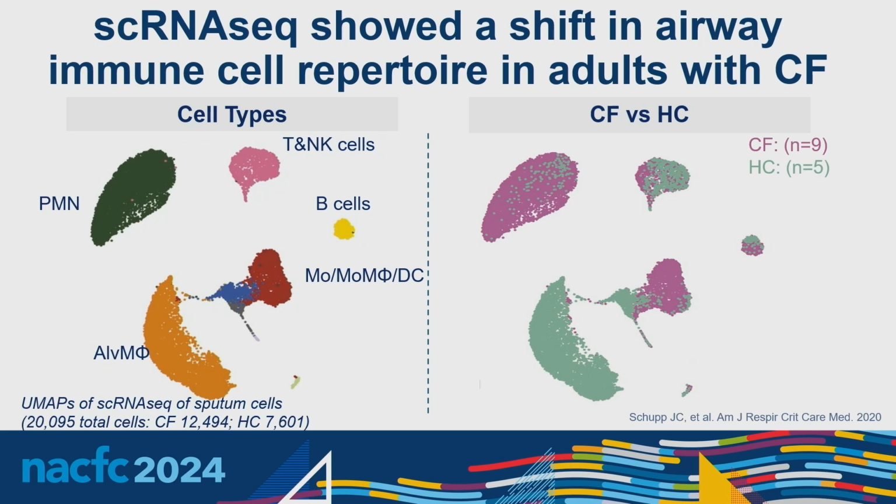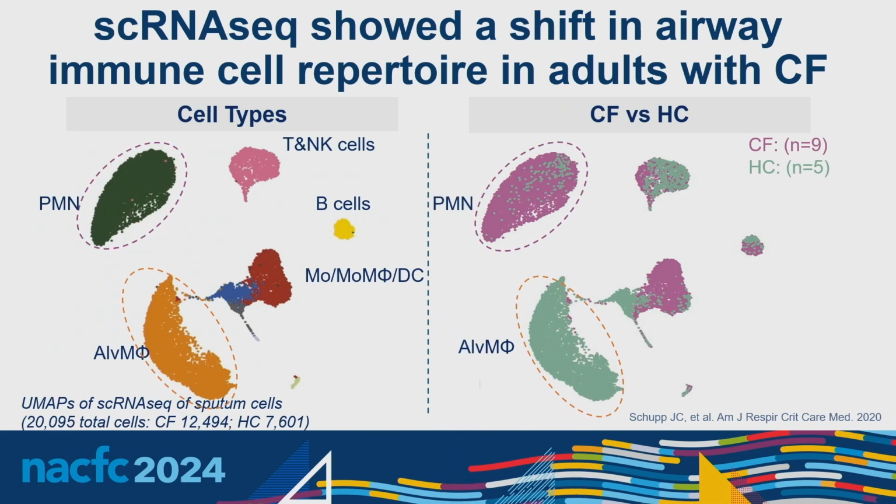What they showed were significant differences in alveolar macrophages, neutrophils, monocytes, and monocytic macrophage cell groups, in which the majority of cells present in the sputum obtained from CF patients were neutrophils and monocytic macrophages, and a limited number of alveolar macrophages, less than 1%, were present in their sputum.